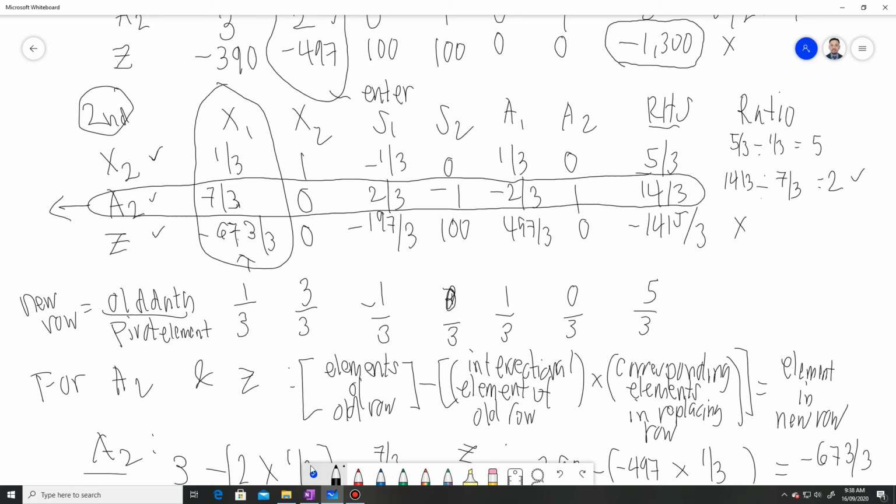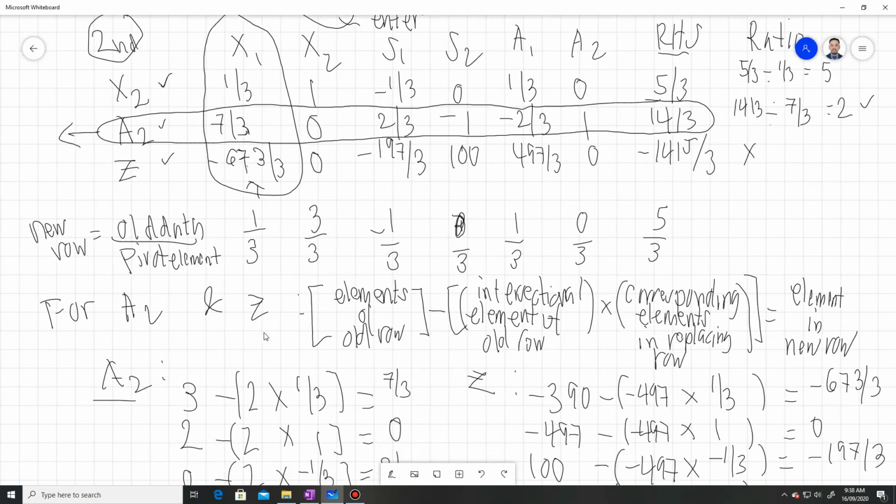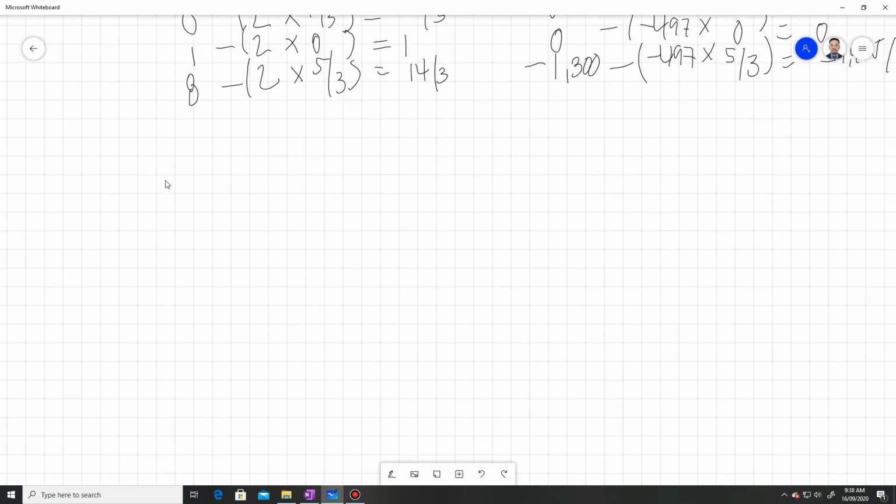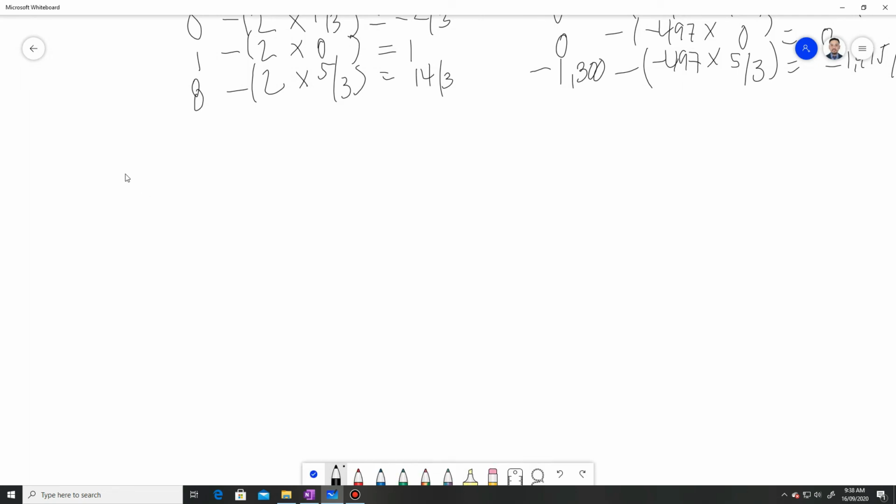And then again, we have here the third row. Same procedure.